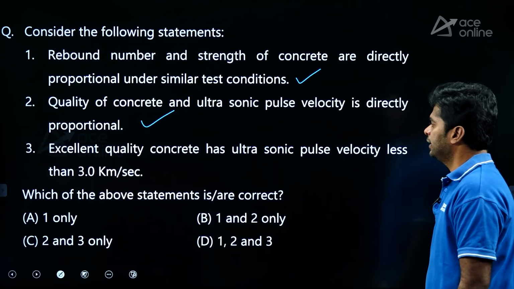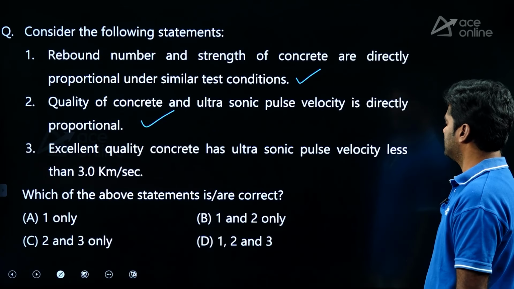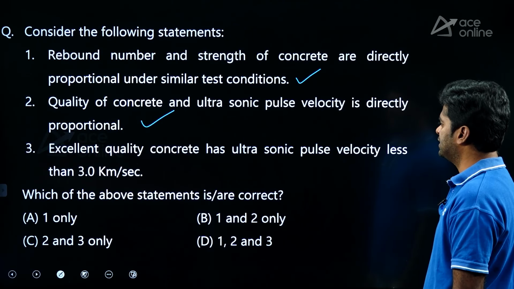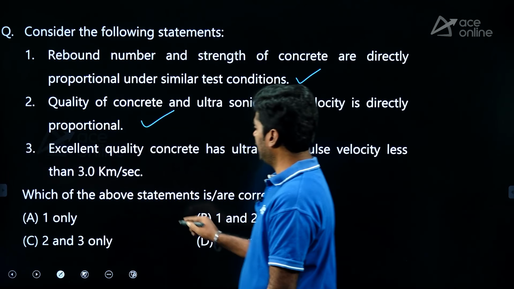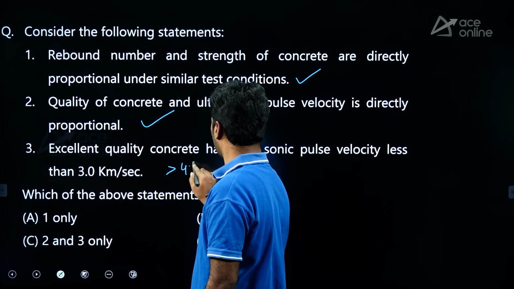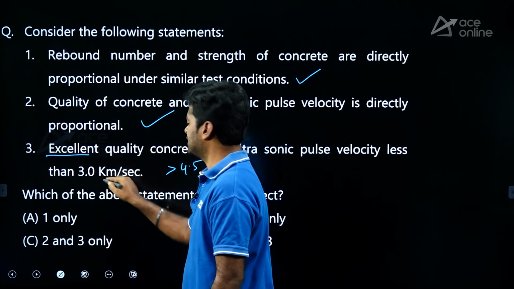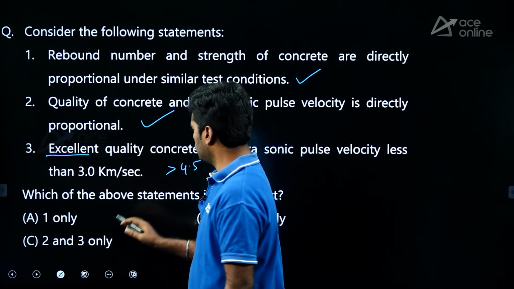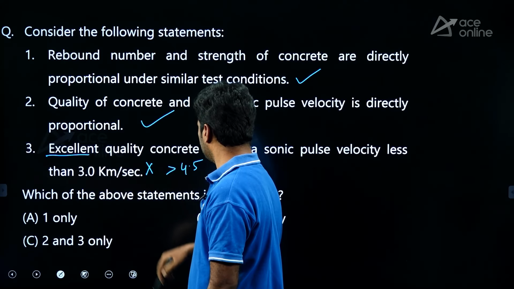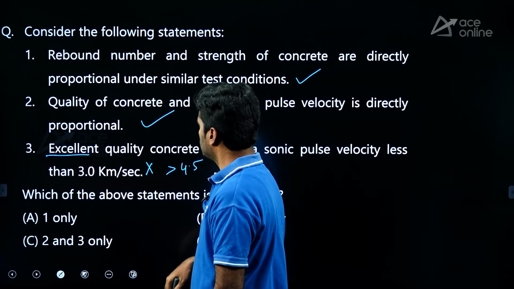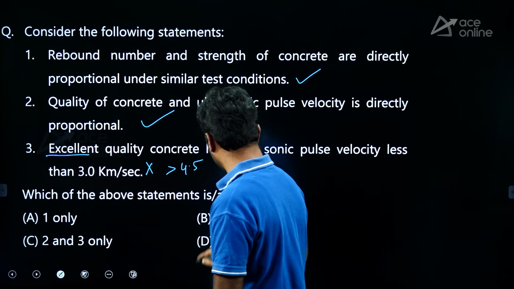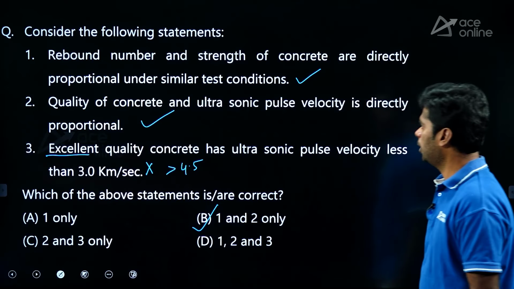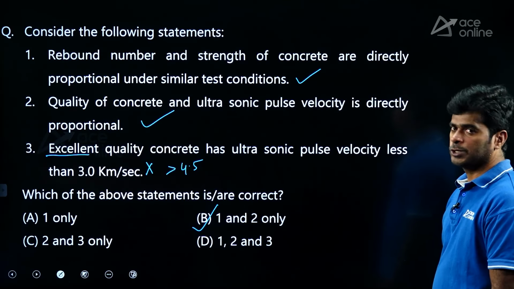Excellent quality concrete has ultrasonic pulse velocity less than 3. No, it is more than 4.5. More than 4.5, then we can say excellent. Less than 3 is questionable, doubtful. So, statement 3 is false. 1 and 2 are correct. Option B. Next question.